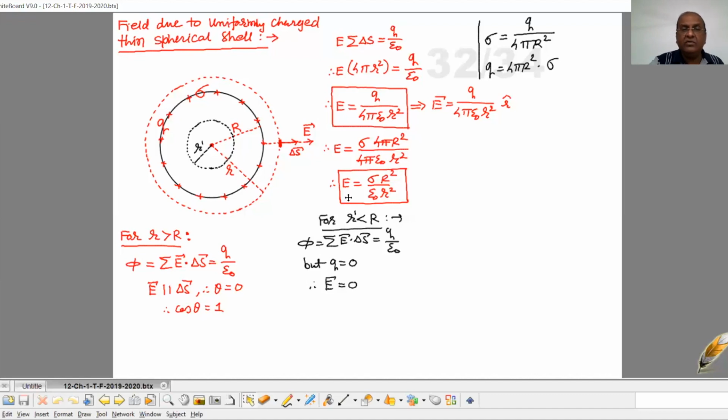So here we have to take Q equal to 0. If we take Q equal to 0, then E equals 0. It implies that inside the charged spherical shell, at any point, the electric field is 0. Clear to all of you?